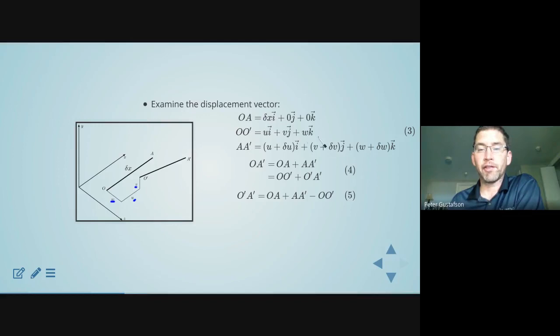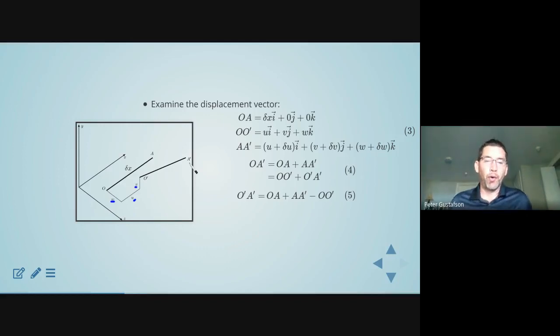Now that in and of itself is not terribly difficult. We're assuming that that's the deformation that occurred. Now the next thing we need to do is look at how A moves. So here we're staring at A, moving from A to A prime. How is it going to move?